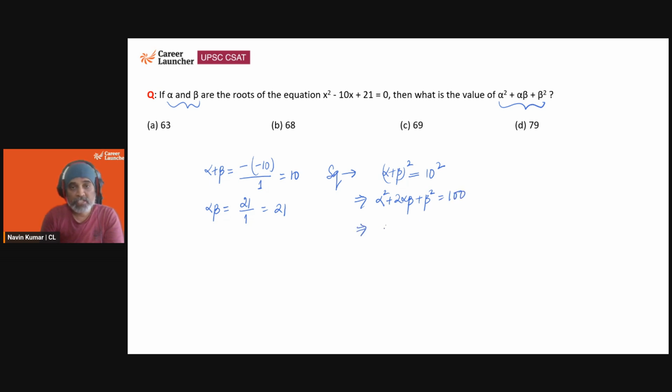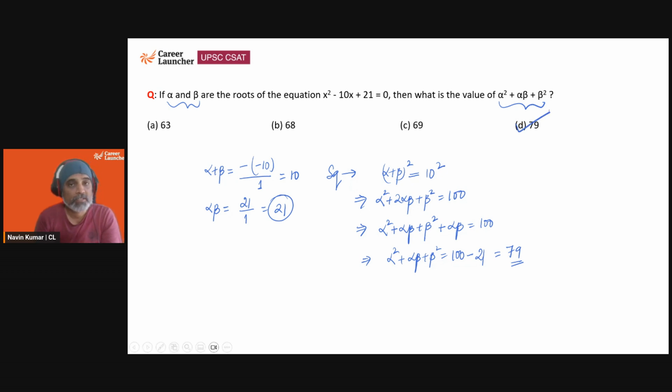Now we can rearrange it and write this as alpha square plus alpha beta plus beta square, which is asked, and then alpha beta separately, which is going to be 100. Or from here, we can write alpha square plus alpha beta plus beta square, and we will have 100 minus alpha beta. Now, alpha into beta is something we already know. So 100 minus 21 is going to result in 79. D option becomes our answer.